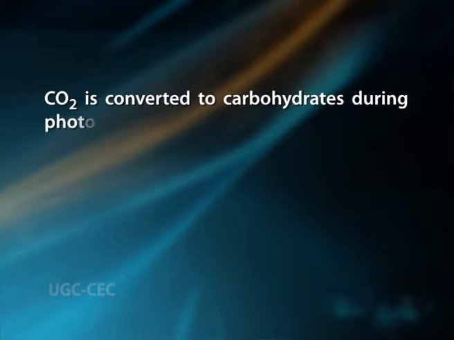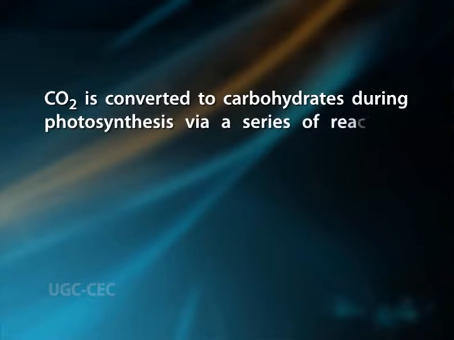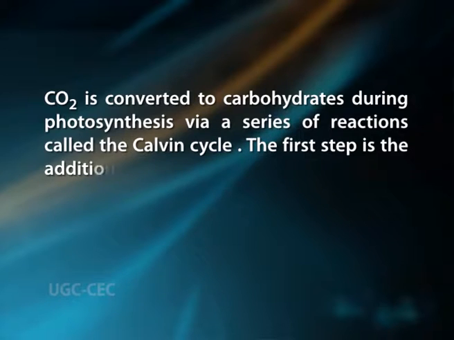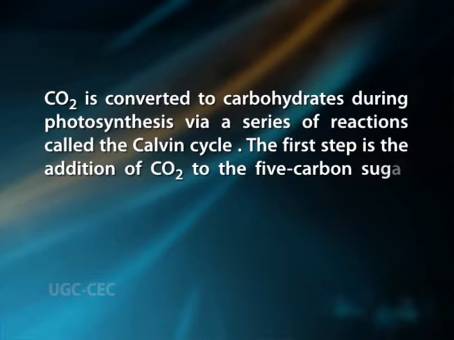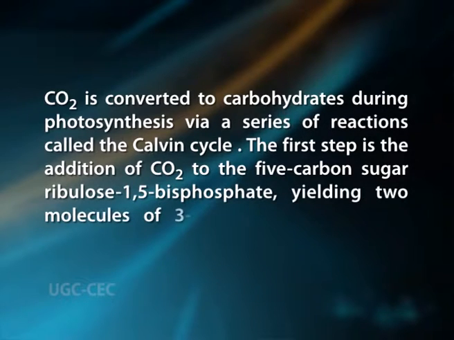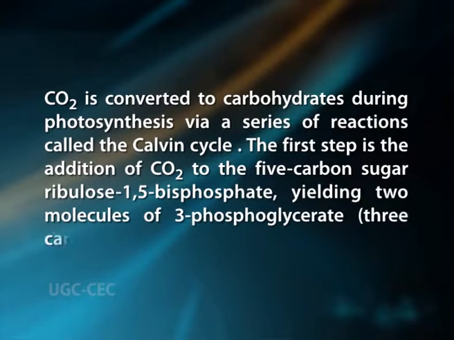Second, peroxisomes in leaves are involved in photorespiration, which serves to metabolize a side product formed during photosynthesis. Carbon dioxide is converted to carbohydrates during photosynthesis via a series of reactions called the Calvin cycle. The first step is the addition of carbon dioxide to the 5-carbon sugar ribulose 1,5-bisphosphate, yielding 2 molecules of 3-phosphoglycerate.